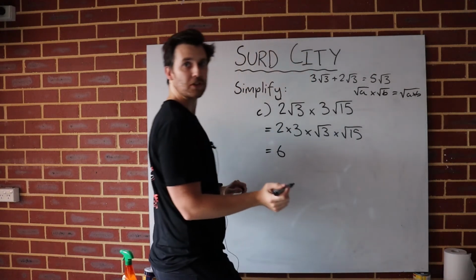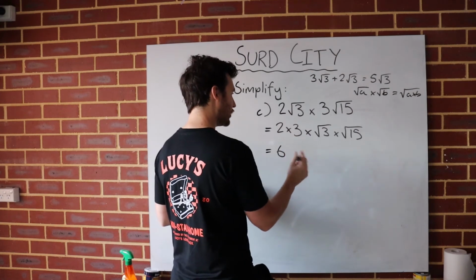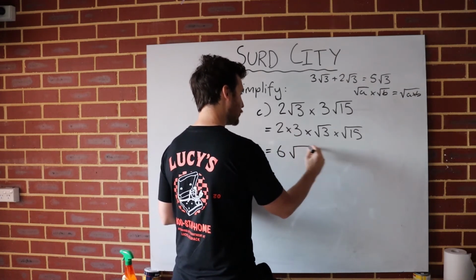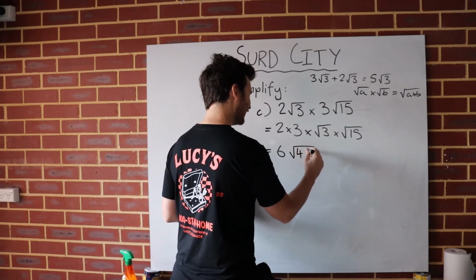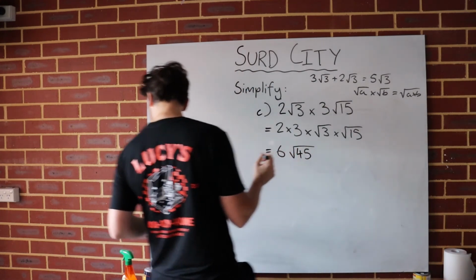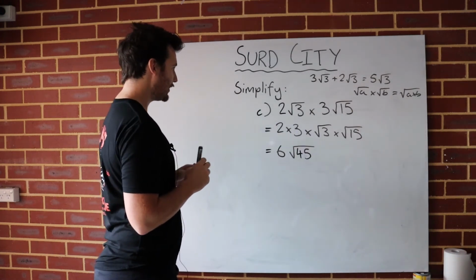Has that gone off the edge of the screen? Or I think I'm still on there. Cool. So that's going to leave us with 6 times the square root of 45. I remembered that one eventually. Very good. Okay, so that's part 1 done.